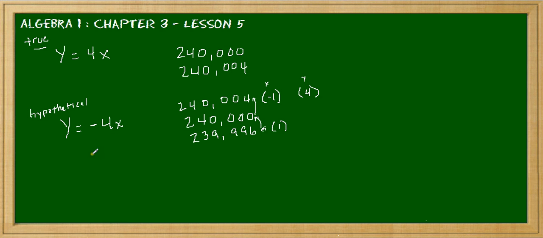And because we can always go forward, as we did, we went forward 1, 2, 3. So in the first scenario, we were plus 4, plus 8, plus 12. But 1, 2, 3 in the second scenario, the negative 4x, became negative 4, negative 8, negative 12. So we understand that.